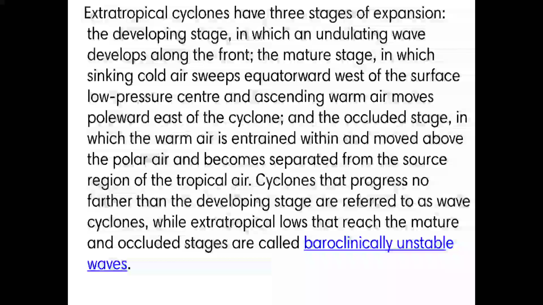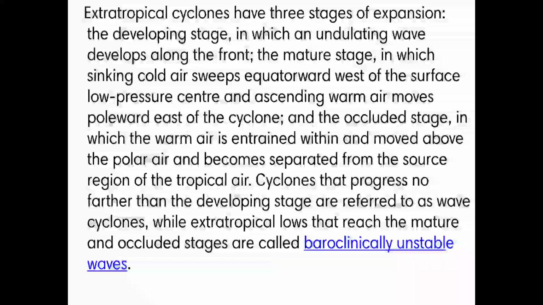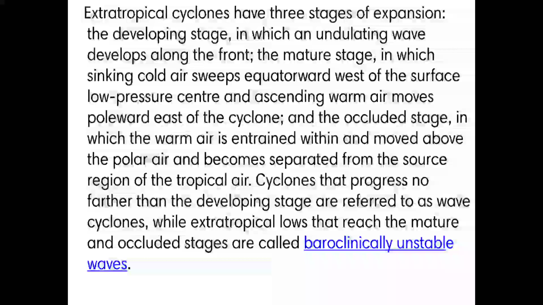Cyclones that progress no further than the developing stage are referred to as wave cyclones, while extratropical cyclones that reach the mature and occluded stages are called baroclinically unstable waves.